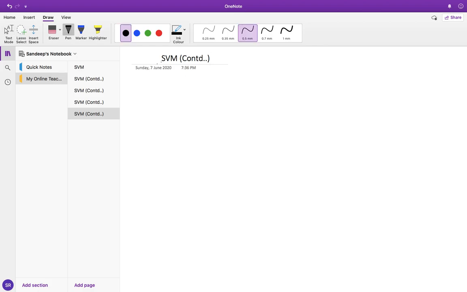So let me first write both the cases, hard margin and soft margin.